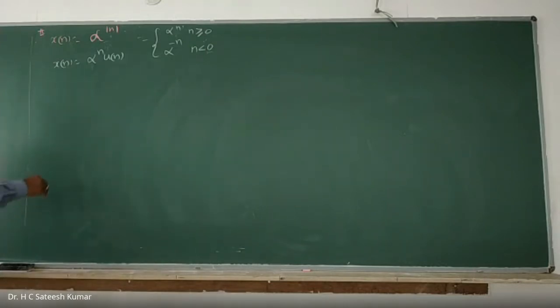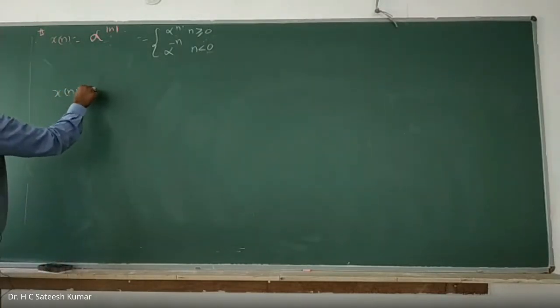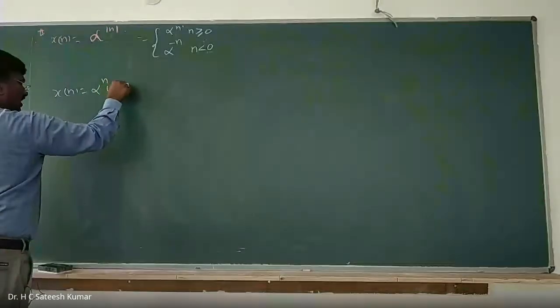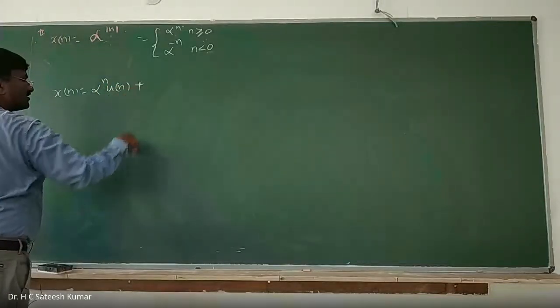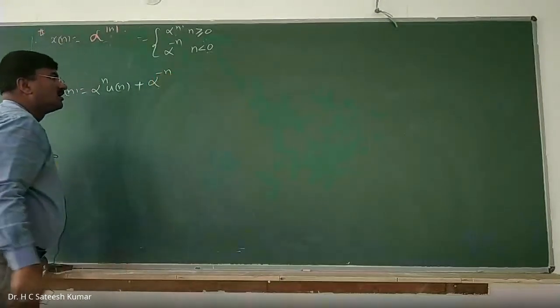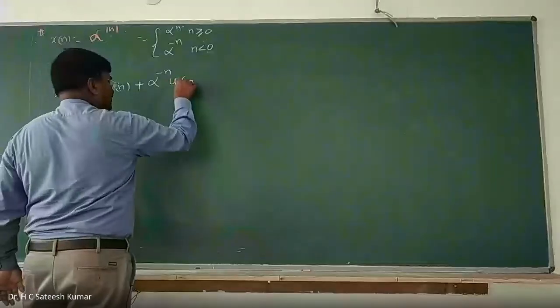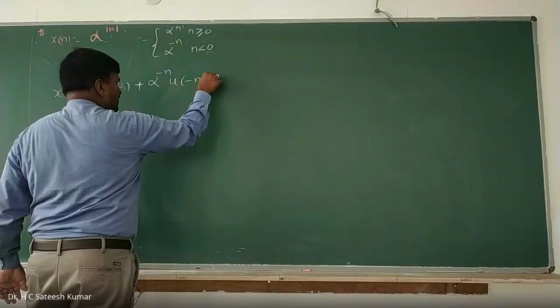If that is the case, x of n can be written as alpha to the power of n into u of n plus alpha to the power of minus n into, n less than 0 means what, u of minus n minus 1.